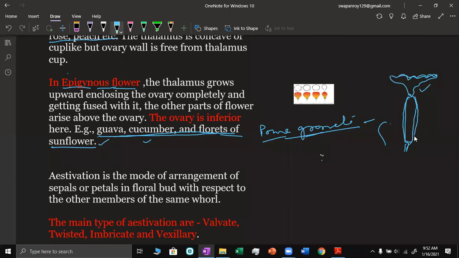You will find this in gourd also, and all types of pumpkin. So by the fruit below the petals and sepals, you can identify from the beginning that this is an epigynous flower.